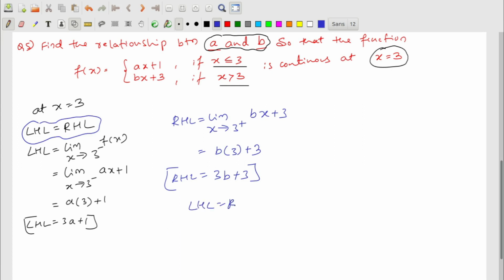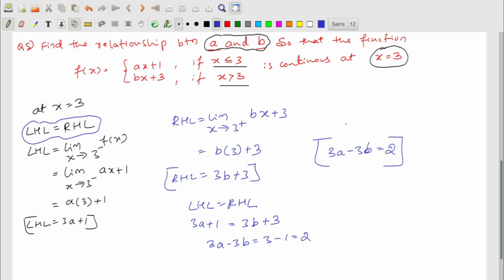LHL is 3a plus 1, and RHL is 3b plus 3, right? Now you can simplify this further, and you will get 3a minus 3b is equal to 3 minus 1, that is 2. So the relation between a and b is 3a minus 3b is equal to 2. Okay. So this is the relation between a and b, and the function is continuous at x is equal to 3.